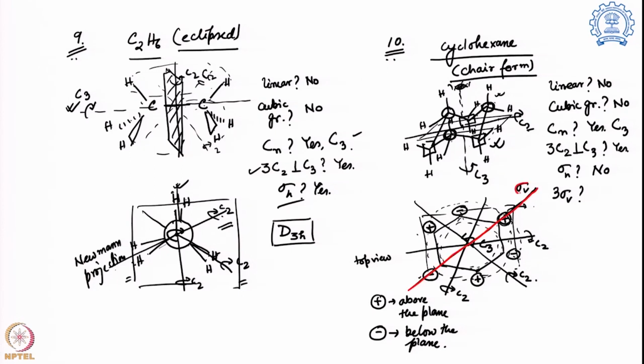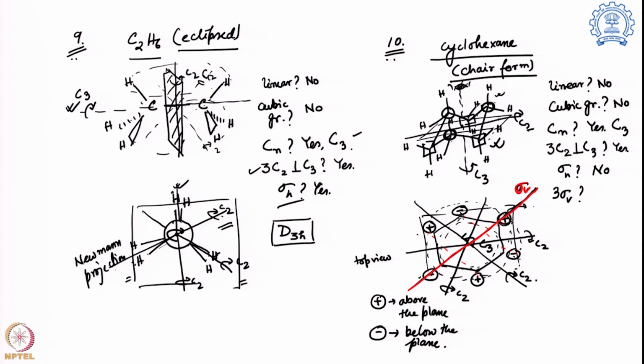So, here is the sigma V plane. Why is it a sigma V plane? Because over here you can see the negative and the positive that I showed, which belong to this plane, the above and below ones will stay on the plane. This positive side will be reflecting, this negative side will be reflecting. So, the top remains on the top, bottom remains on the bottom, everything remains the same.